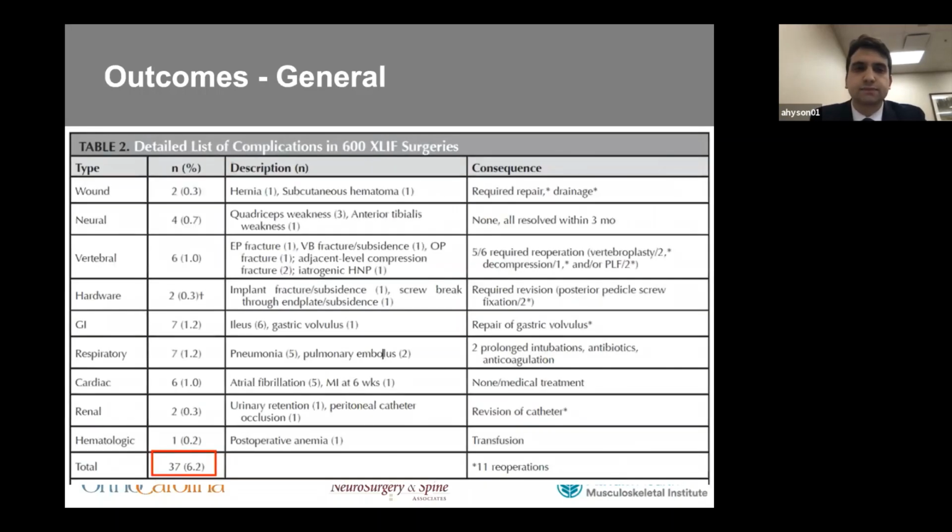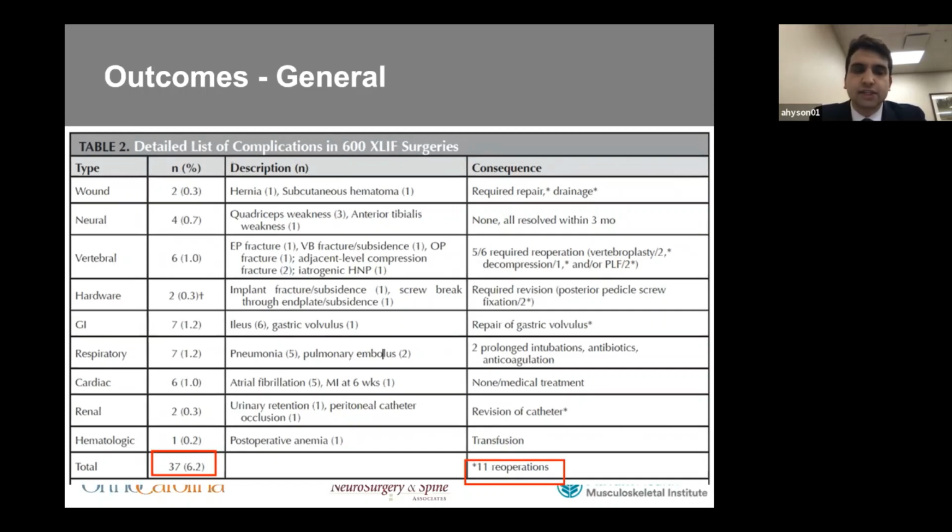They reported their complications, as you'd expect from the title of this study. There was a total of 37 complications out of 600 patients, a rate of 6.2%. Importantly, 11 of these complications were operative, some for general surgery complaints such as gastric volvulus, and wound complications such as subcutaneous hematoma and hernia.